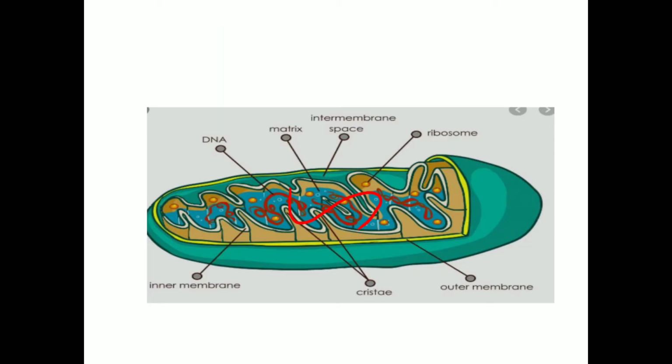This is the outer membrane, and on this outer membrane small pores are present for the exchange of substances, made up of the protein porin. These porins present on the outer surface of this mitochondria are freely permeable to substances, ions and energy molecules also.